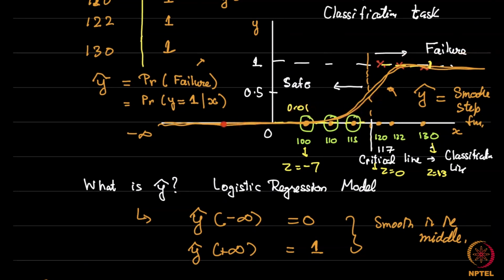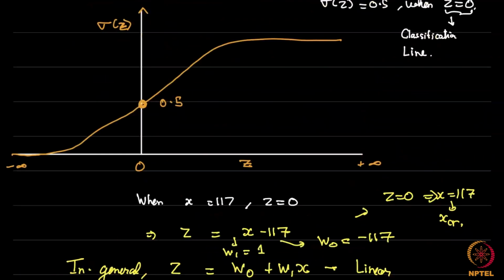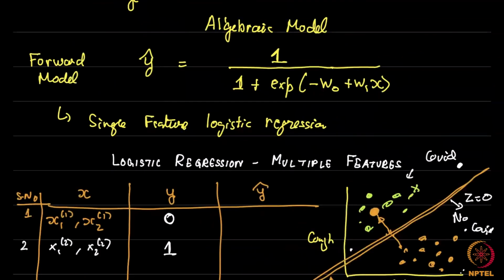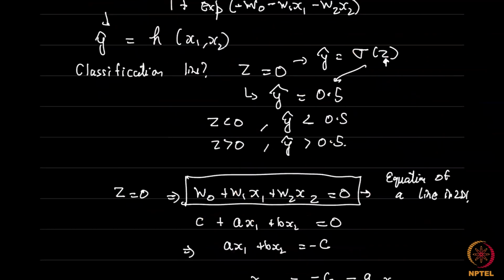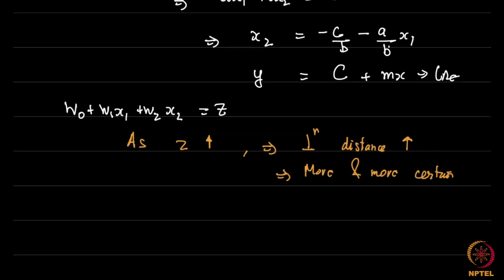Similarly, the further you move into this boundary, the more the power decreases, and the more certain you are that this is completely safe. So these two put together tell you the interpretation of z. z tells you which side of the classification line you are lying on, and also how far you are. If you are exactly on the boundary, then you are at z equal to 0.